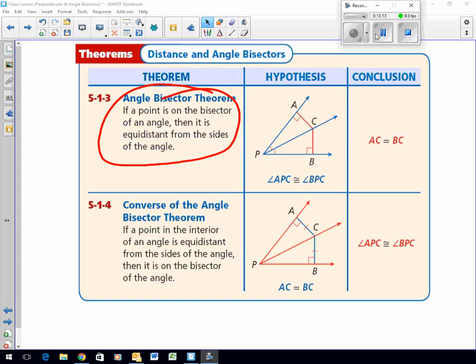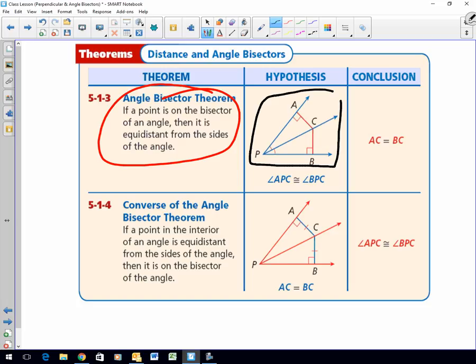That's a good question. Challenge. Okay, it says it. If the only thing I gave you is that right there, how would you know that angle APC is congruent to angle BPC? Both sides have the right angle.